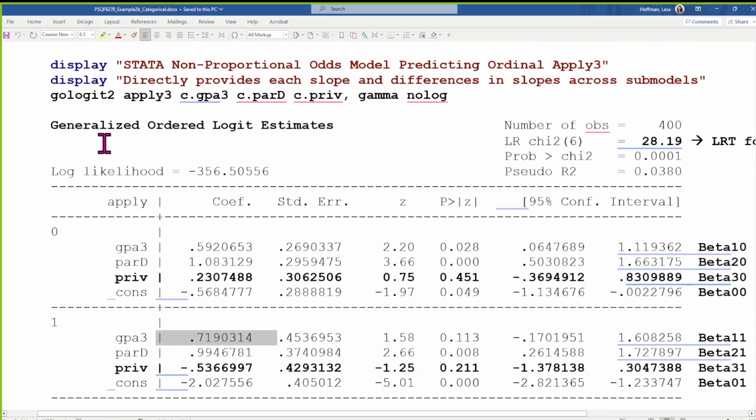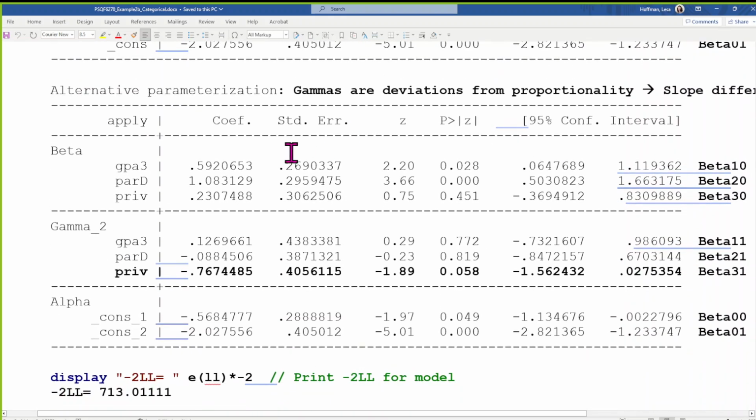But whoever wrote GoLogit 2 knew I was going to ask that question. And this gamma option produces this alternative version of the table where I get whatever the slope is in the first submodel and the difference in the slopes directly. Very cool.